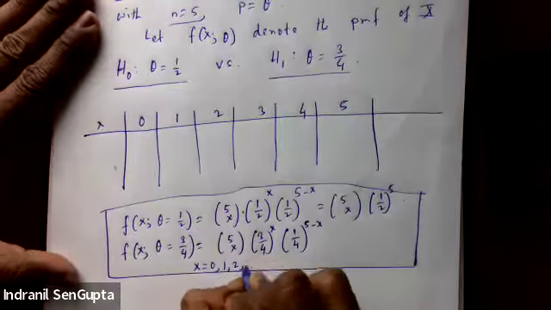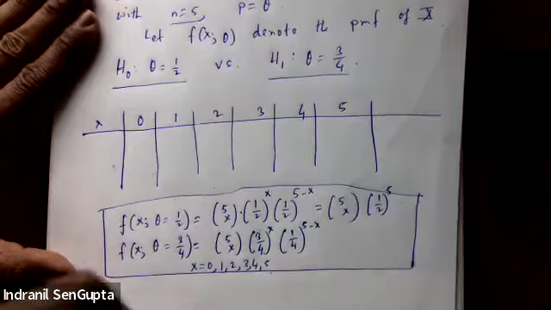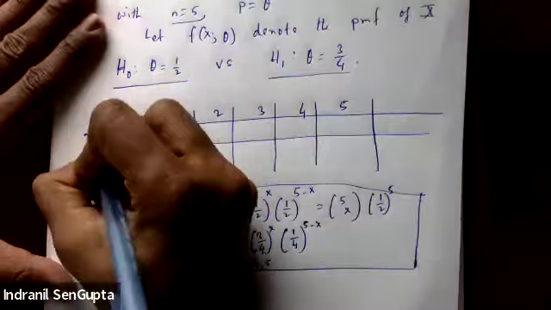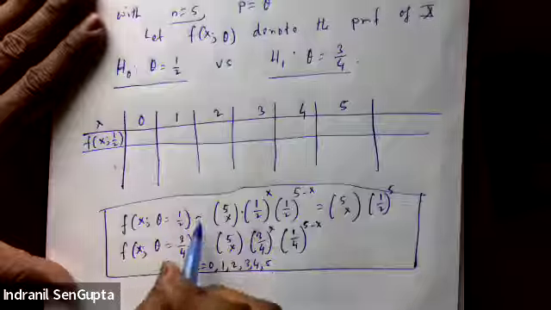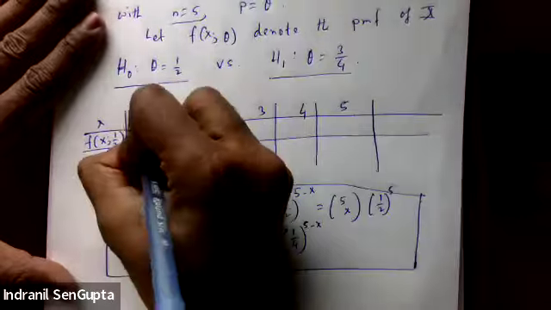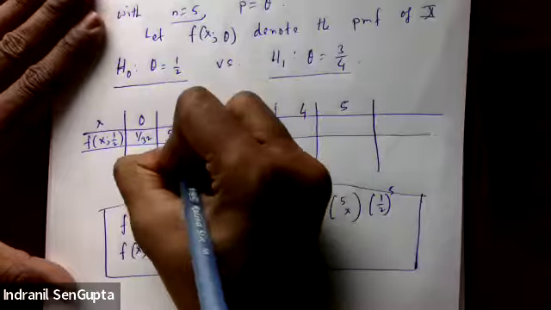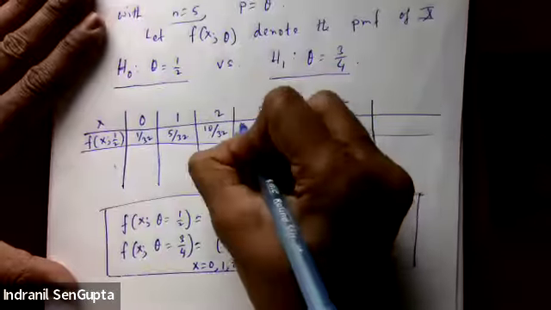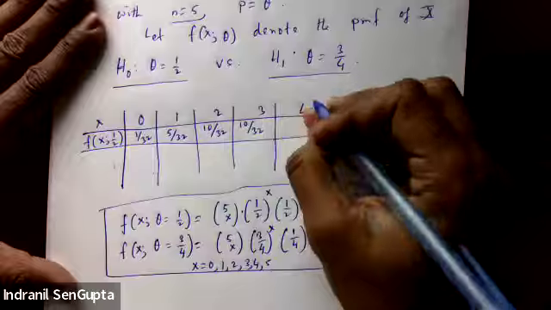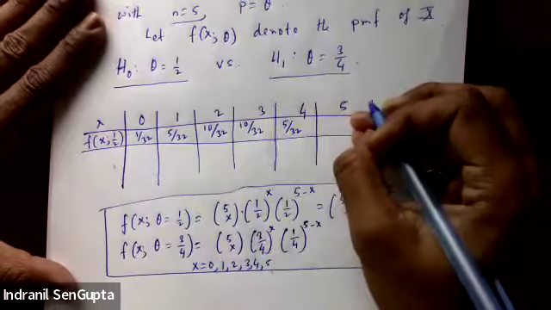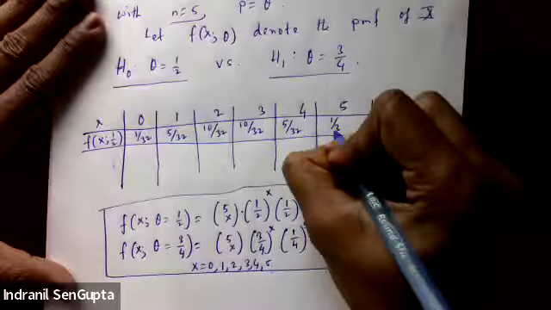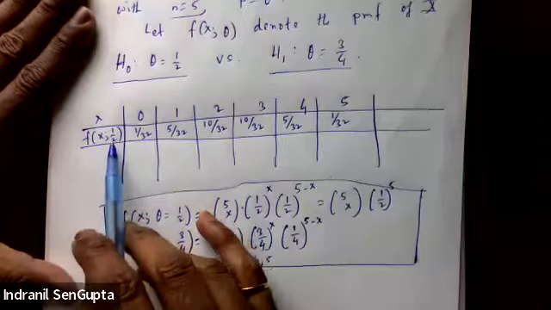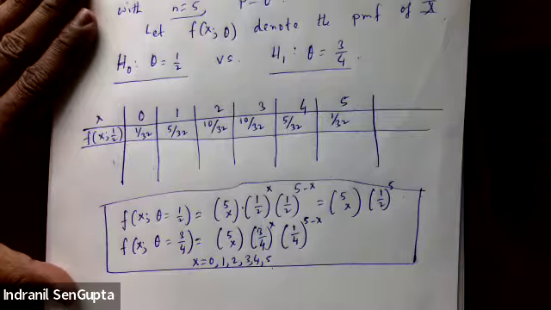If I compute f of x at 1/2, that means for theta equals 1/2, the numbers are 1/32, 5/32, 10/32, 10/32, 5/32, and 1/32. Those are the values of the probability mass function when the true value of theta is 1/2.